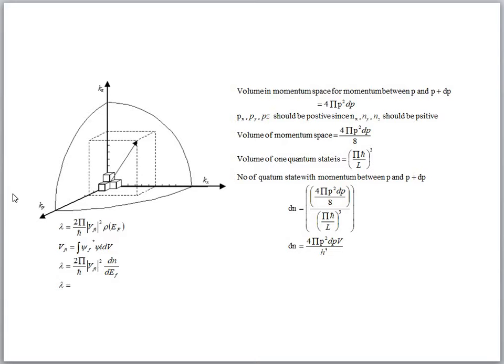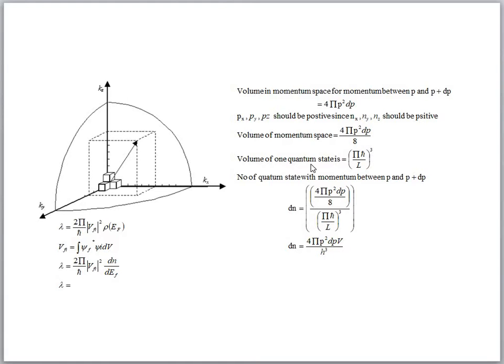That is not possible. We also cannot go in the negative kz direction, because at that point nz will be negative. So when we consider only positive nx, ny and nz, we take 1 by 8 of this volume. So the volume of the momentum space between momentum p and p plus dp is given by 4 pi p squared dp divided by 8.